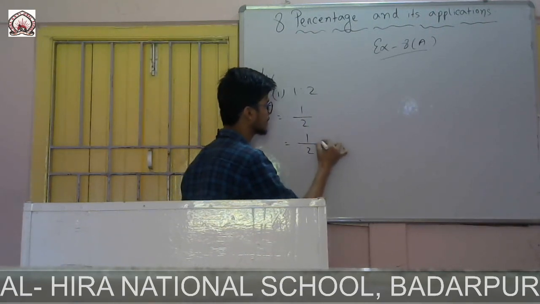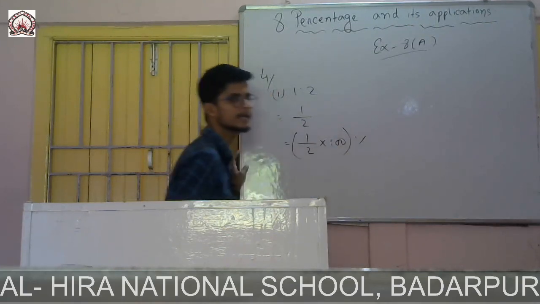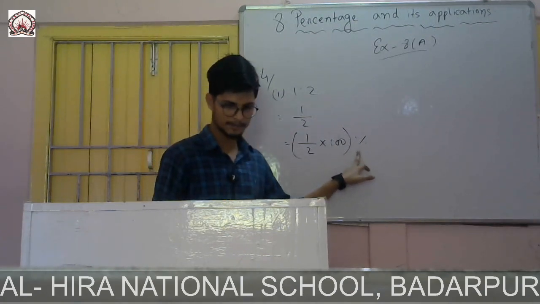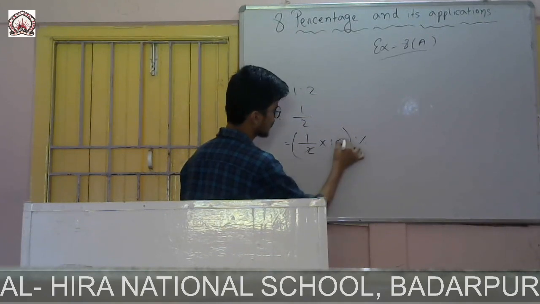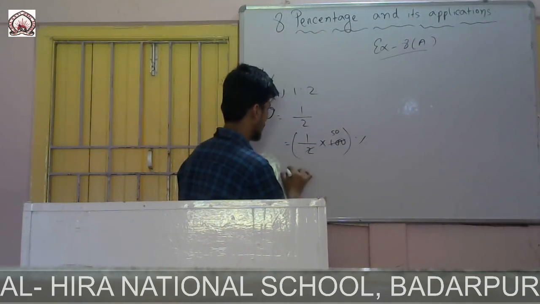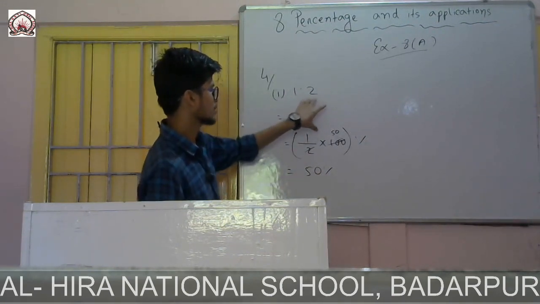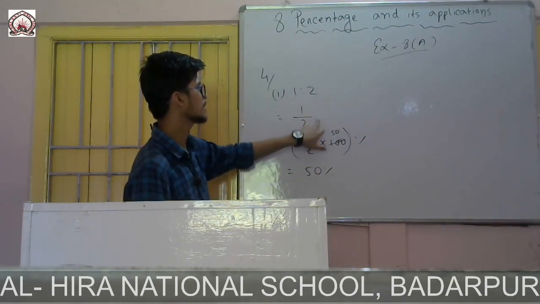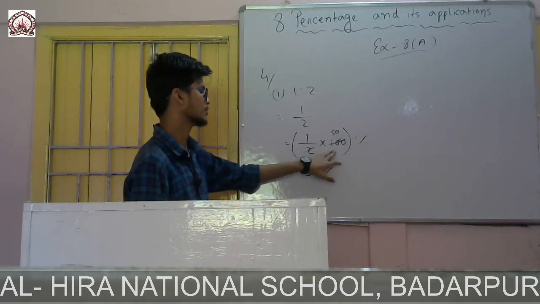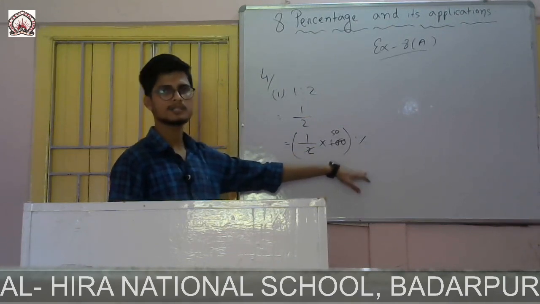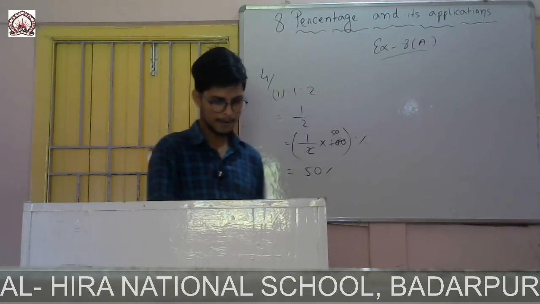That means I have to multiply. If I want to convert a number to a percentage, I have to simply multiply it by 100. Then only I can put this sign. If I cancel, 2 50s are 100 and 5 1s are 50, that means the answer is 50%. First of all, I wrote 1 is to 2 as 1 by 2 in fraction form, and to convert into a percentage you simply multiply the number by 100.